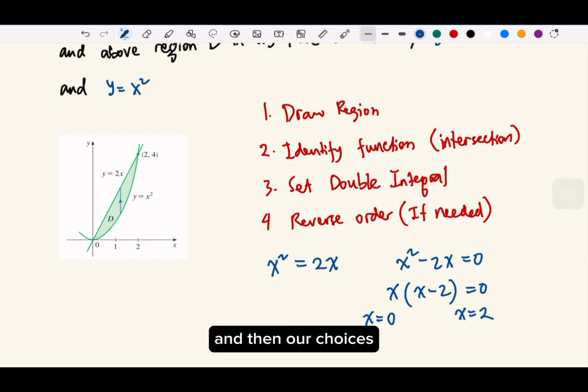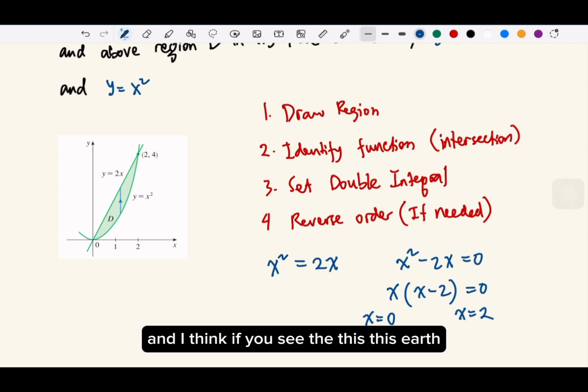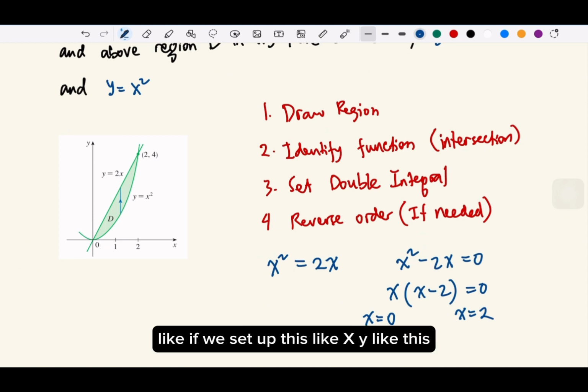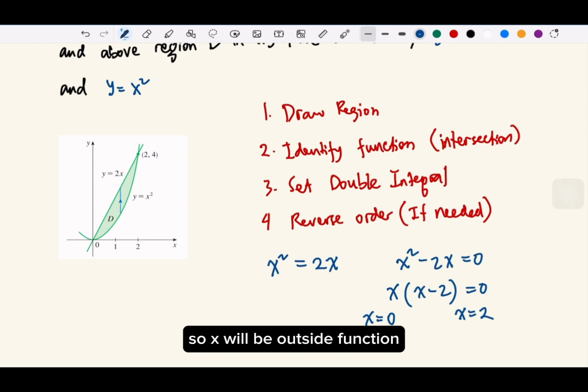And then our choices, because we have at least two possibilities in double integral. We can set the integration as dy dx or dx dy. If you see this curve, we can see that this is going to be on the top, this is on the bottom, right? So if we set up x as a constant, from 0 to 2, x will be outside the function.